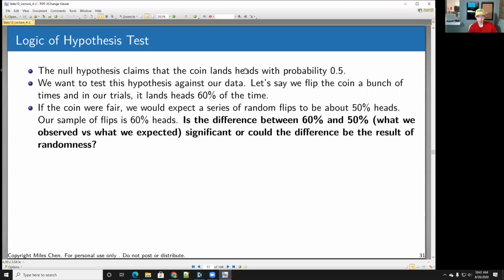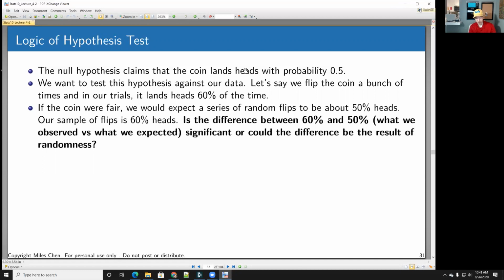And this is how the test works. If we have a fair coin and we did a whole bunch of flips, we would expect the coin to land heads 50% of the time. But what we observe is that it landed heads 60% of the time.